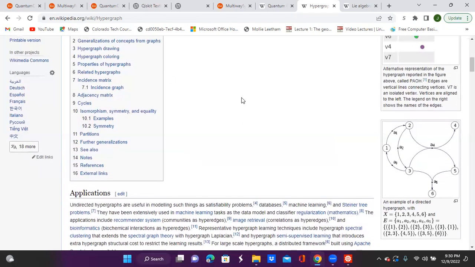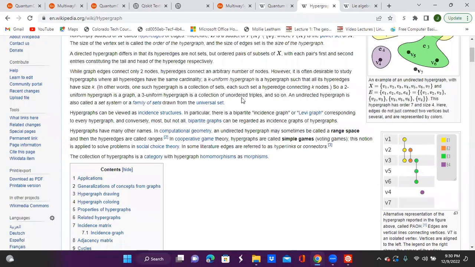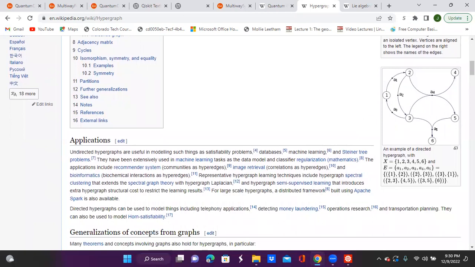So a basis state, or just a quantum basis, I suppose, is just going to be a node or maybe a couple of nodes. They'll be connected, but they won't be directed.